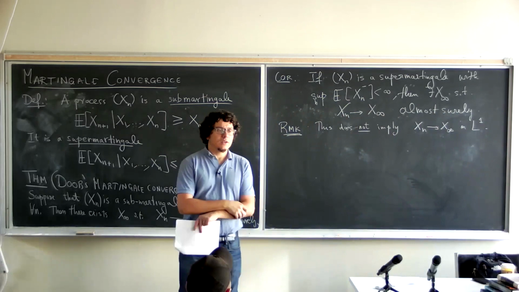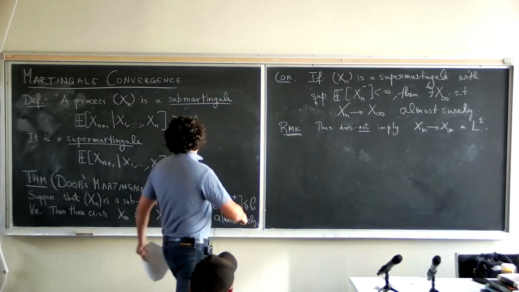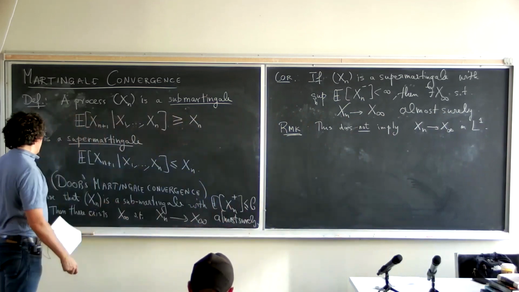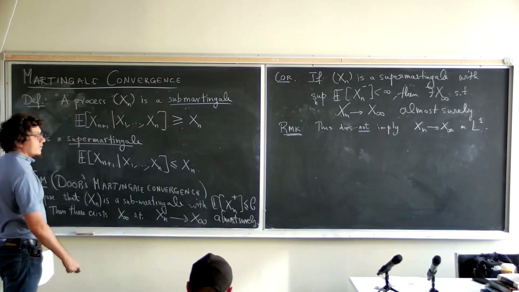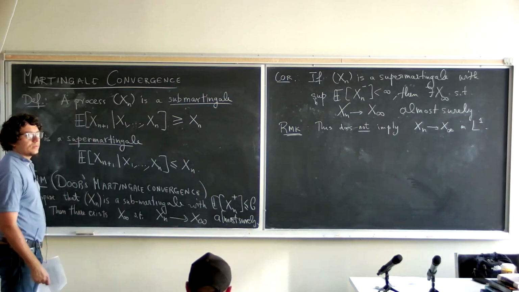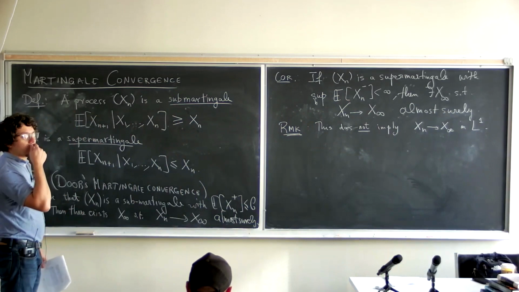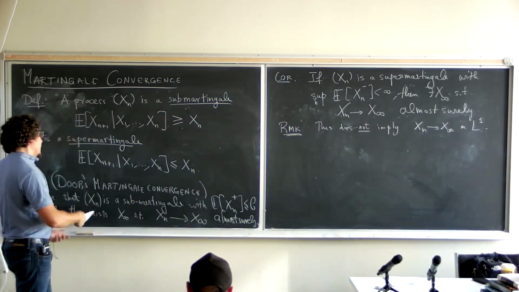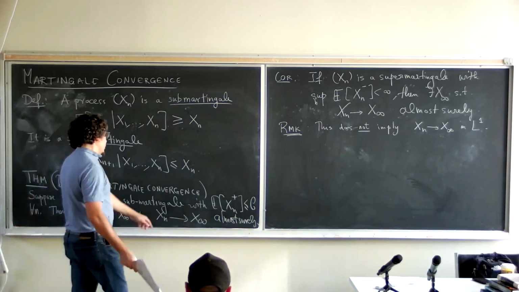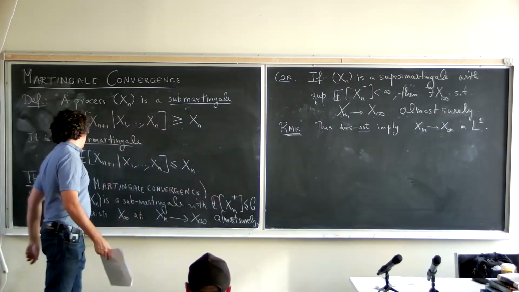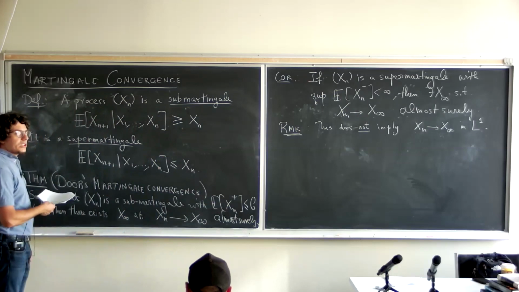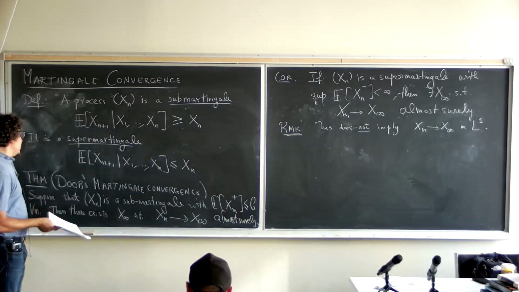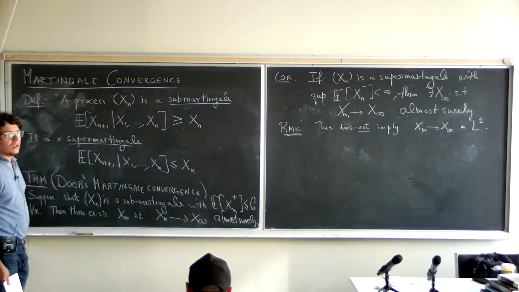Yes, I think it follows from this, if the positive part is bounded. That's right, that's what I'm saying. If you assume this and the supermartingale condition, then maybe you want X1 to be in L1.